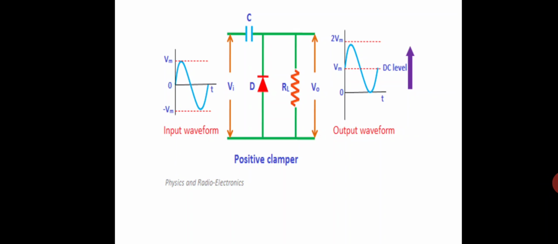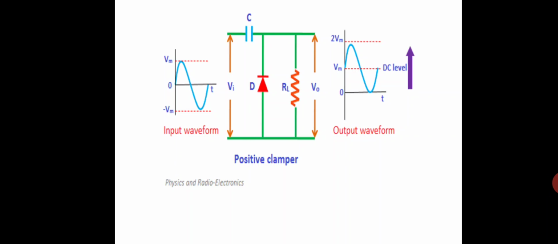But when we want more output for our purpose, then we use these circuits. Can we increase the output? The input is not increased, but the output is increased to the level we require.